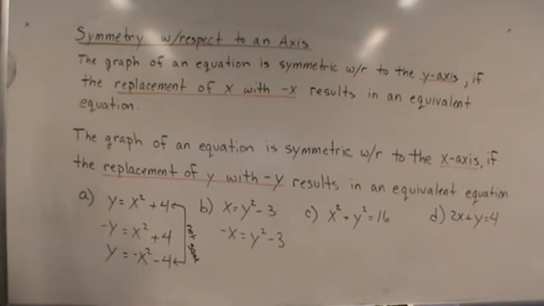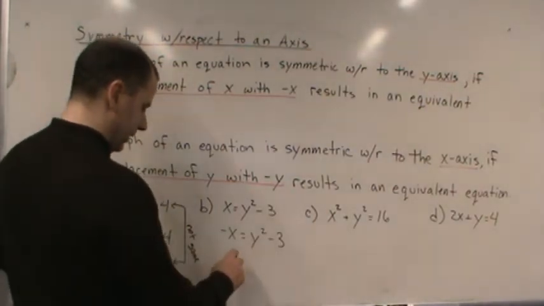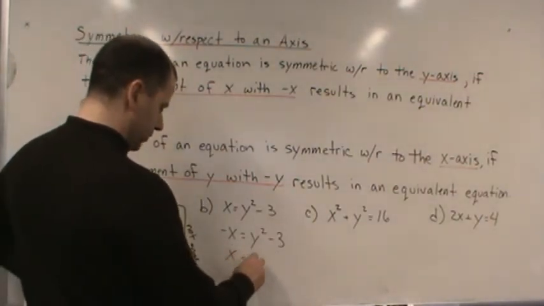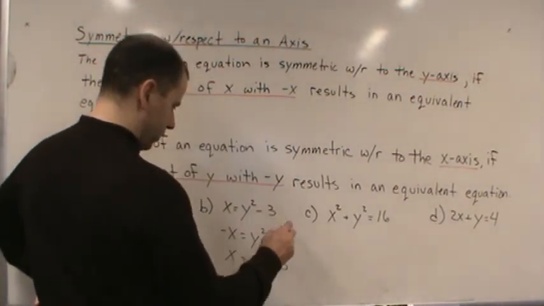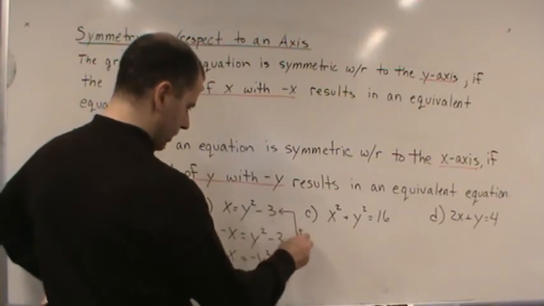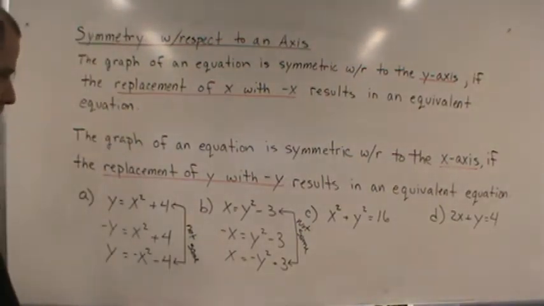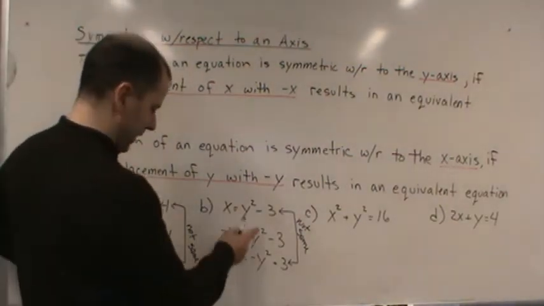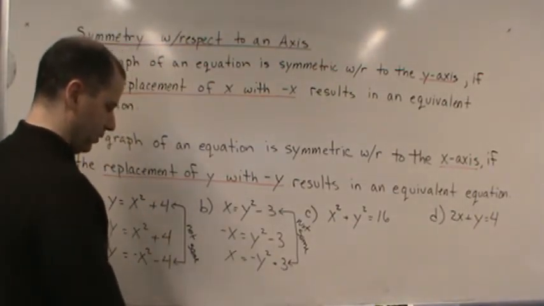It's obvious we're not going to get the same thing, because if I multiply both sides by negative 1, I get x equals negative y squared plus 3, which definitely does not give us the same result. There's really nothing I can do to make it the same. So these are not the same.